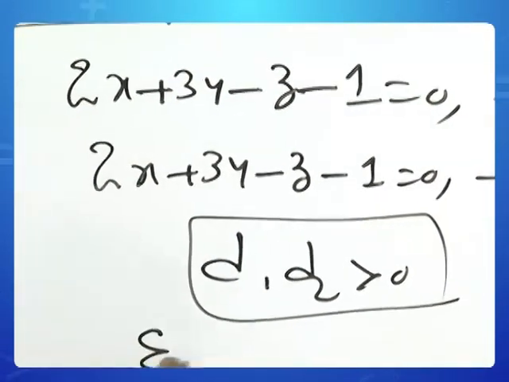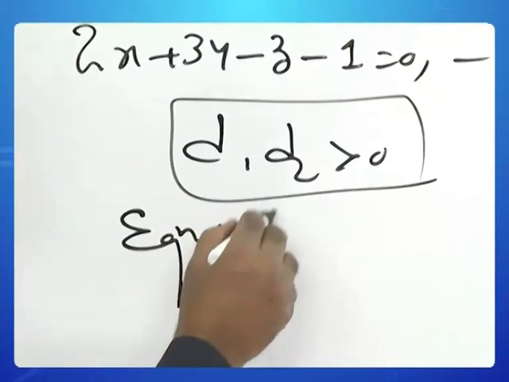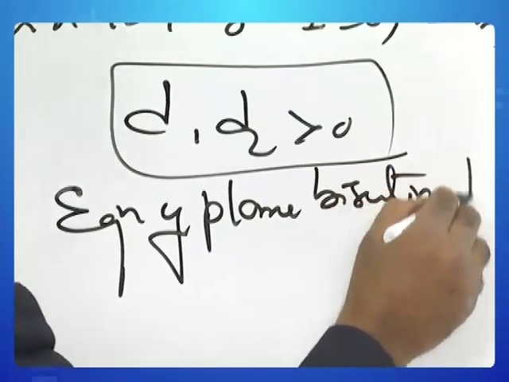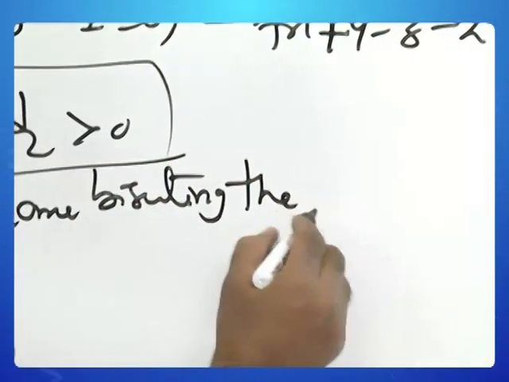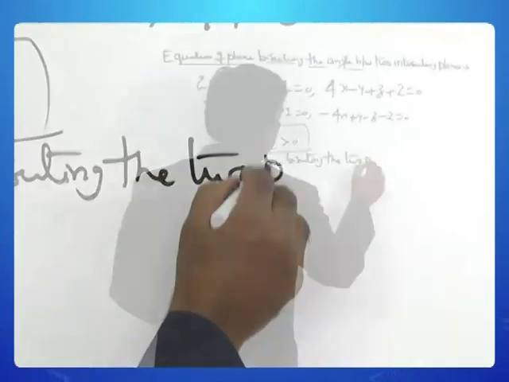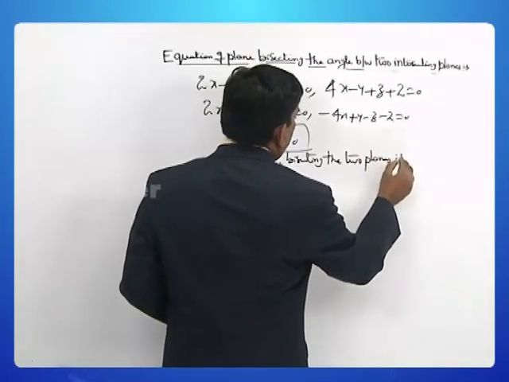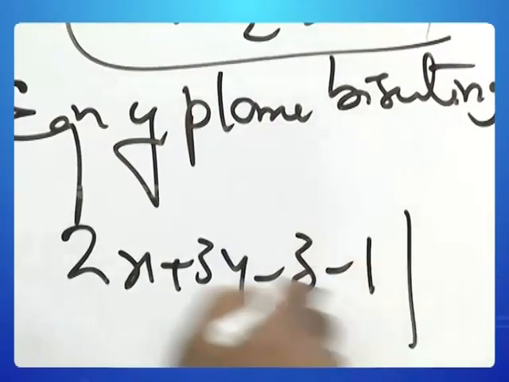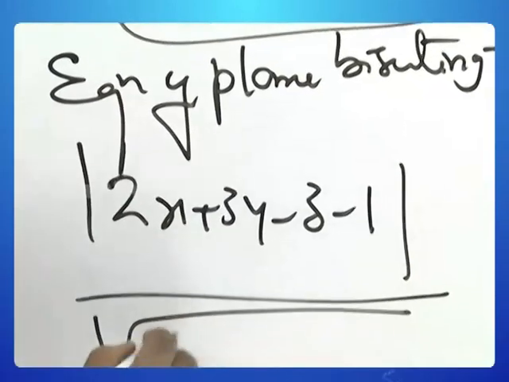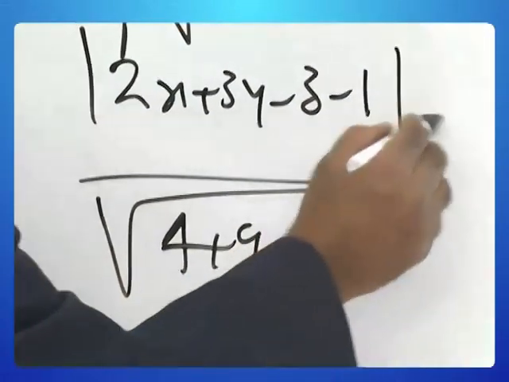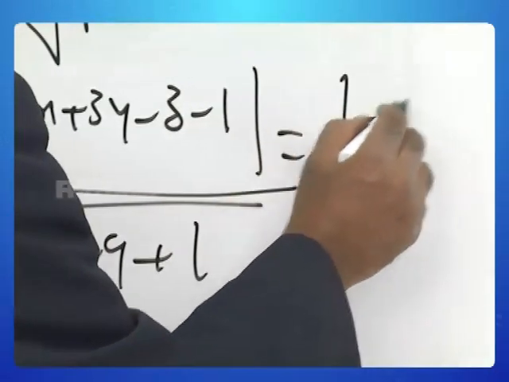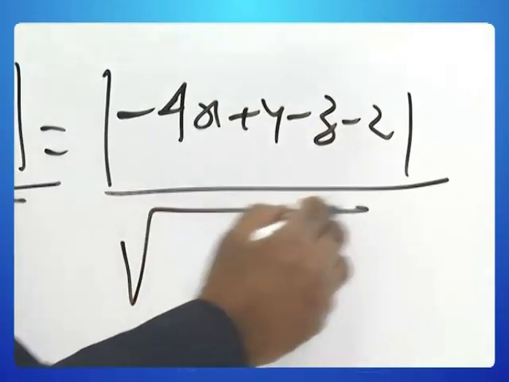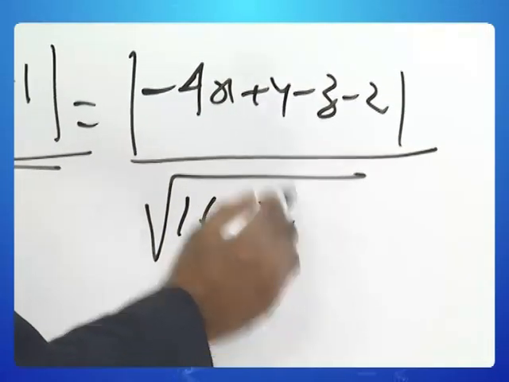Now, the equation of the plane bisecting the two planes is: 2x plus 3y minus z minus 1 by square root of 4 plus 9 plus 1 is equal to the modulus of minus 4x plus y minus z minus 2 by square root of 16 plus 1 plus 1, right?